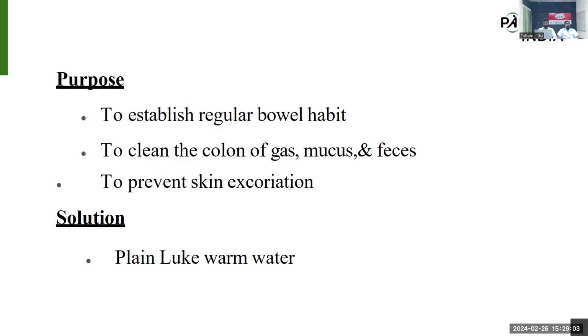With complete cleaning, no bowel content, stool or secretion comes through the stoma in between. So there is no chance of contact with the peristomal region, and we can prevent skin excoriation.